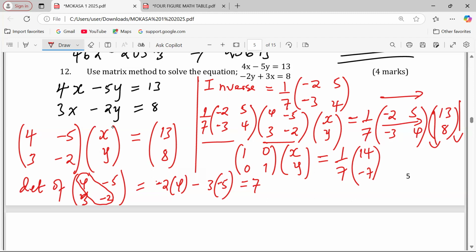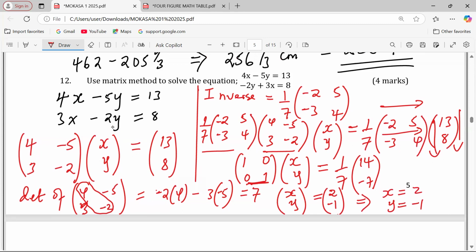So at this point we can say an identity matrix multiplied by any matrix leaves the matrix remaining the same. So this remains x y equals 2, negative 1. From this we conclude that the value of x is 2, the value of y is negative 1. So we have solved our equation using the matrix method.